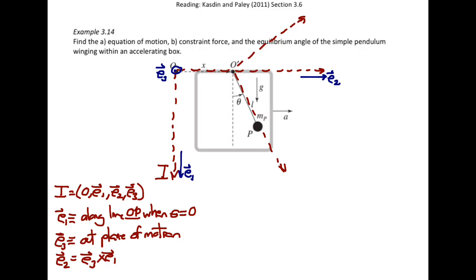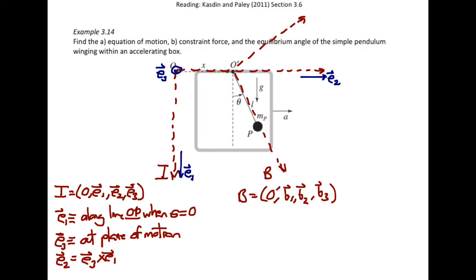And so this will be reference frame B. And reference frame B, we're using the origin of O prime, and then we use the vectors B1, B2, and B3.